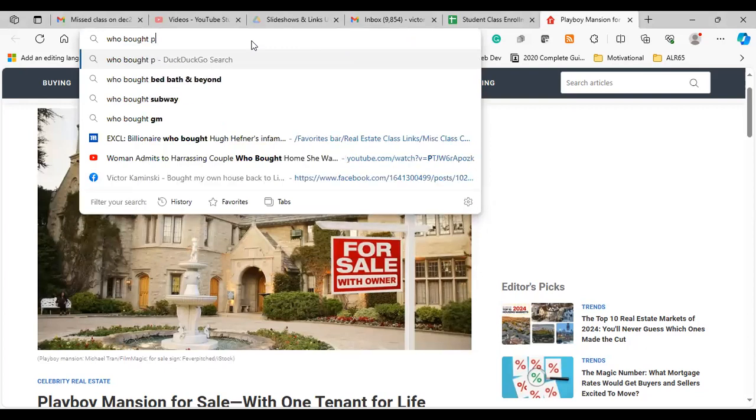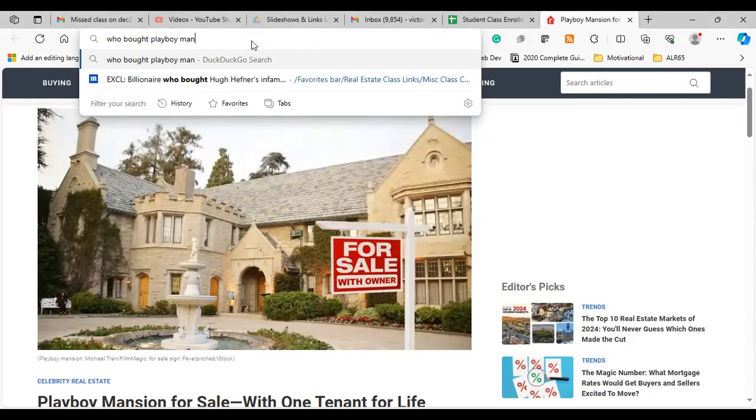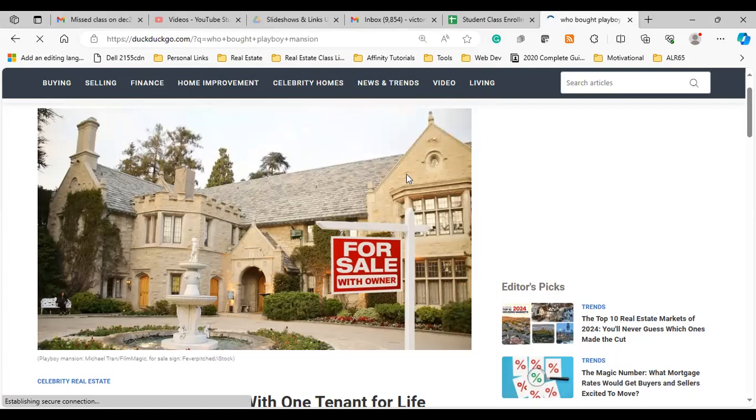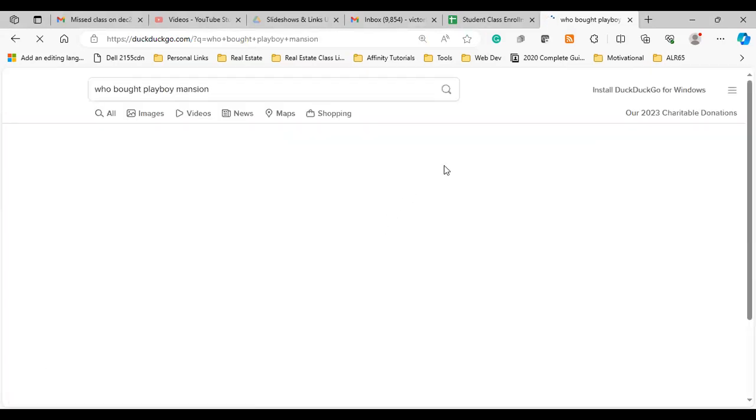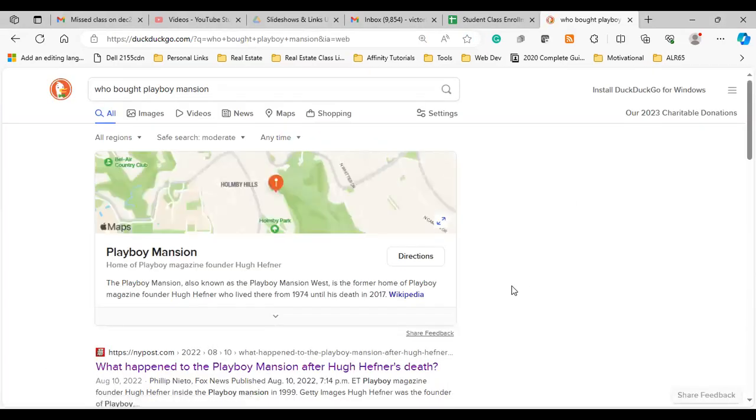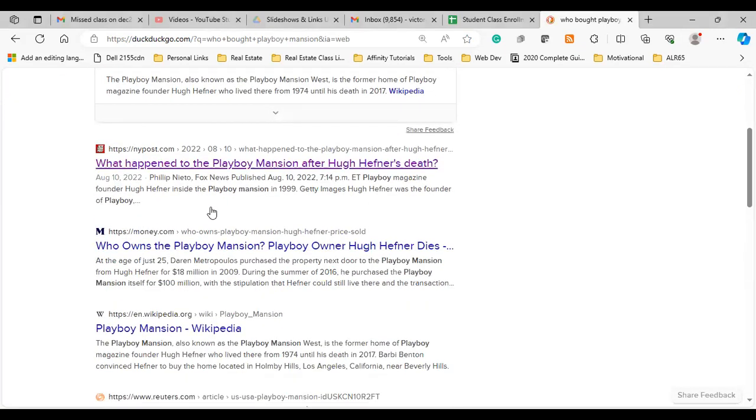Who bought Playboy Mansion? The guy was in his 30s or 40s. Let's see. Darren Metropoulos bought the Playboy Mansion at the age of just 25. Imagine having that kind of money to buy the Playboy Mansion from Hugh Hefner for 18 million in 2000.